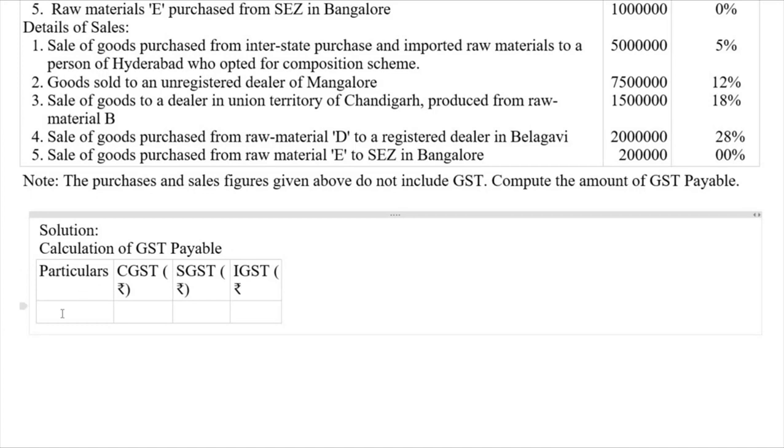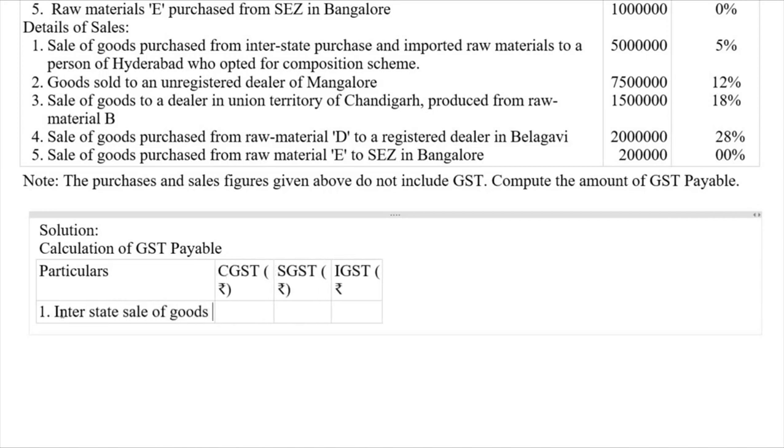So now let's compute here the first one, interstate sale of goods, where the interstate sale of goods is given as the first one, 50 lakhs.